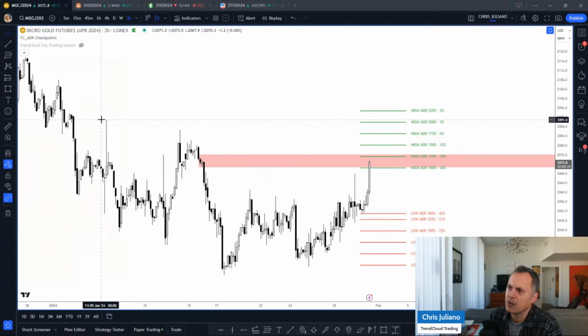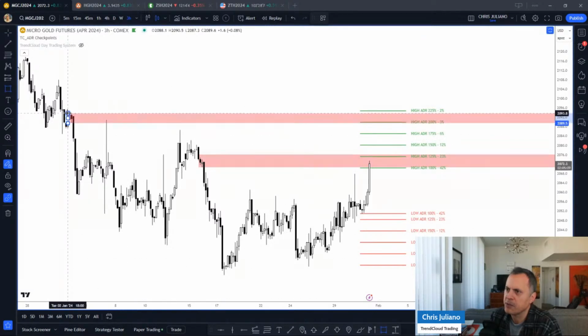There's a bunch of sellers up in here from this thing. Bunch of sellers up in here. Didn't even reach that point. And we still have all of this, right? Drop base drop, second ADR checkpoint.